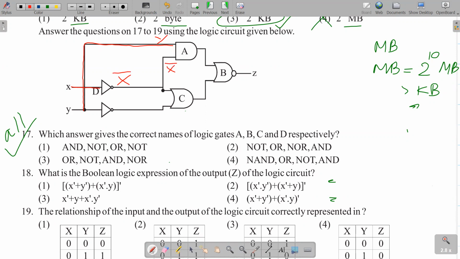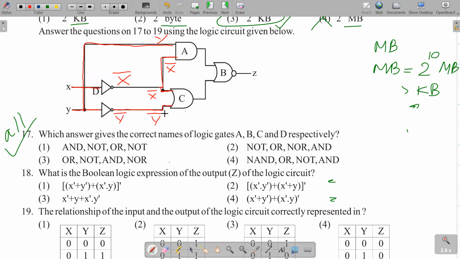A is going to receive X bar because it goes over here, and it is also produced over here. So this is X bar as well. Going through this NOT gate produces Y bar, so it will be connected over here.